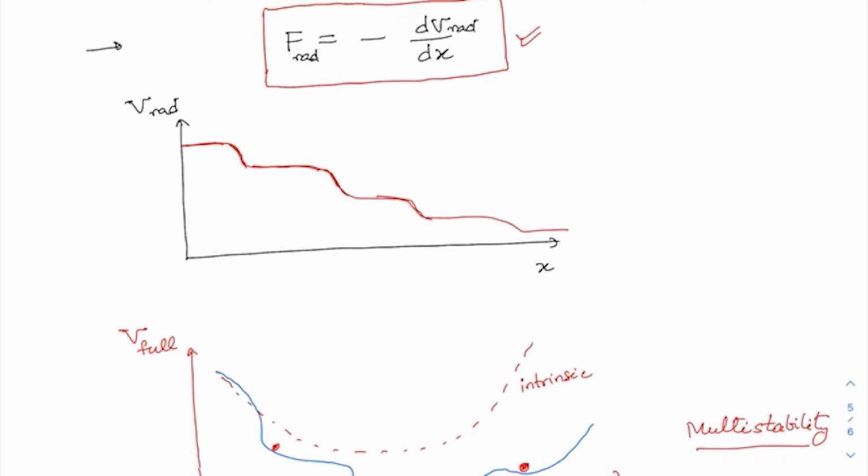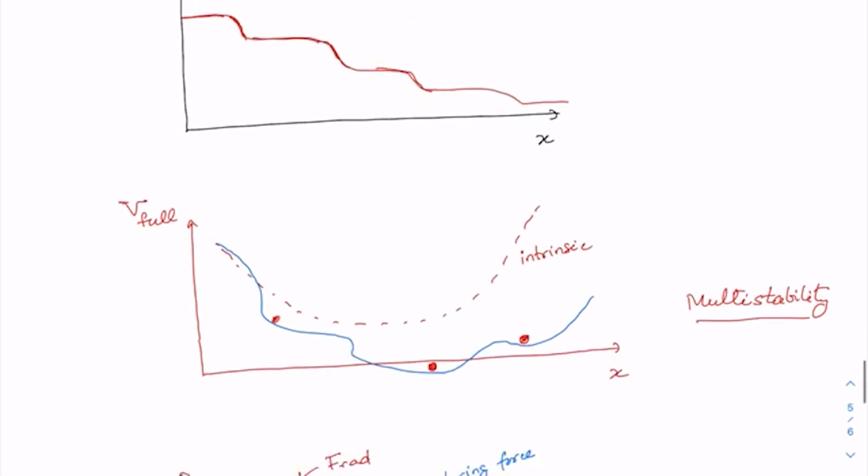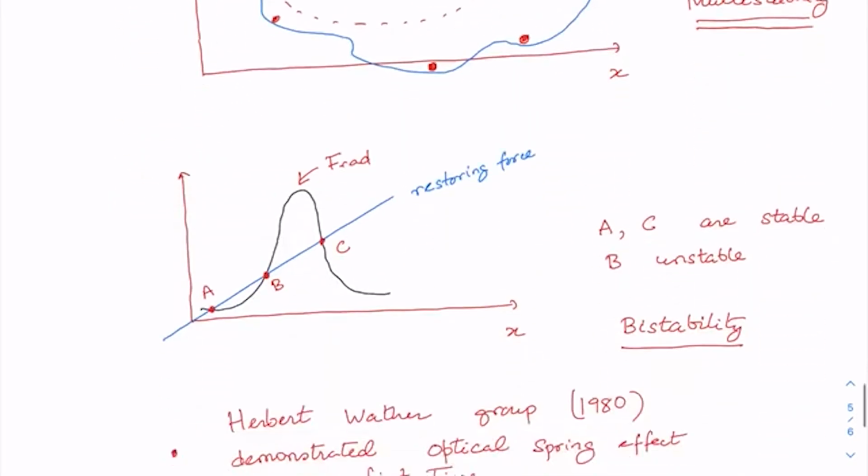This will result in a staircase kind of potential, and this potential has to be added to the harmonic oscillator potential, which is basically the intrinsic potential of the mechanical oscillator. Then the resultant potential will look like this blue curve here, and based on this we discussed the phenomenon called multi-stability, because we can have a number of local minima.